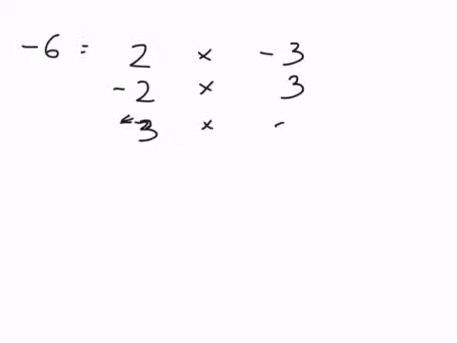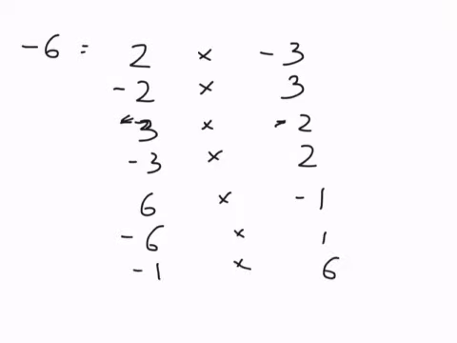So, minus 6 equals 2 times minus 3, minus 2 times 3, 3 times minus 2, minus 3 times 2, 6 times minus 1, minus 6 times 1, minus 1 times 6, and finally we are left with 1 times minus 6.